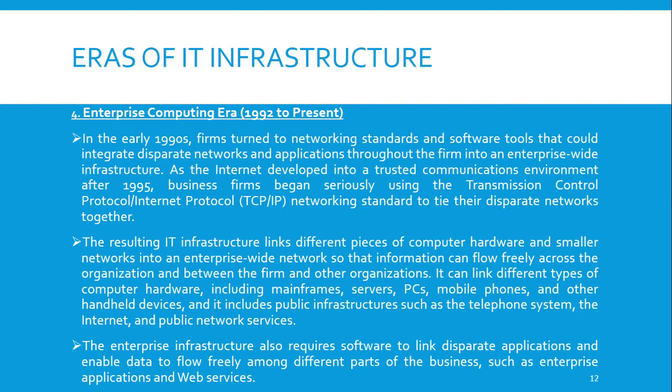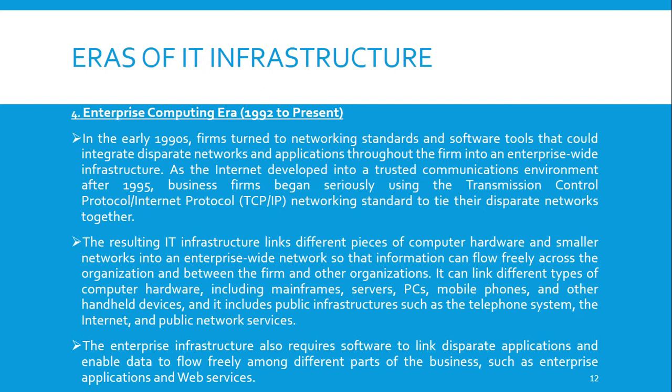So the resulting IT infrastructure linked different pieces of computer hardware and smaller networks into an enterprise-wide network so that information can flow freely across the organization and between the firm and other organizations. It can link different types of computer hardware, including mainframes, servers, PCs, mobile phones, and other handheld devices, and it includes public infrastructure such as the telephone system, the internet, and public network services.